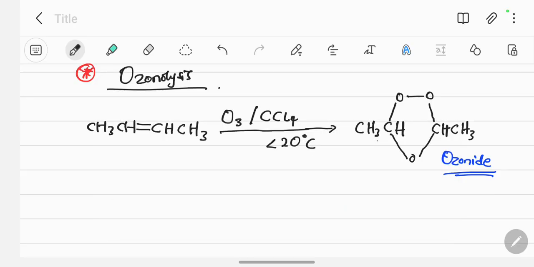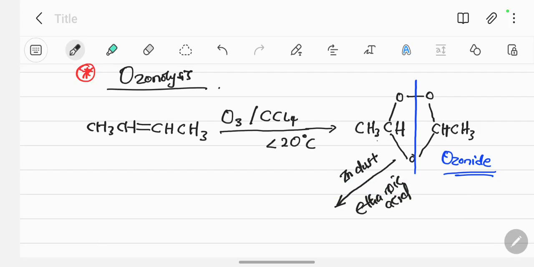Then when I add zinc dust and ethanoic acid to this ozonide, I'm going to split it into two, like that, and we shall form two carbonyl compounds.